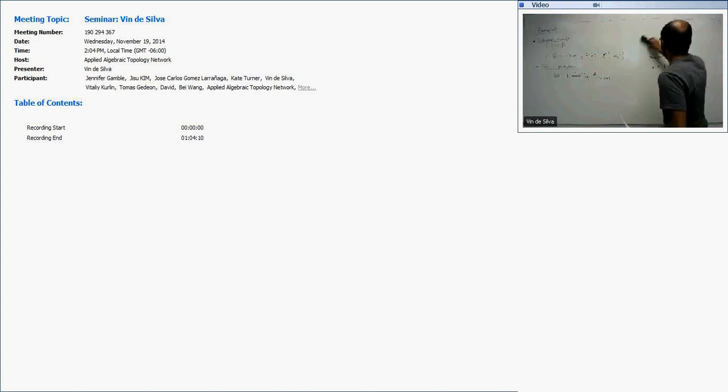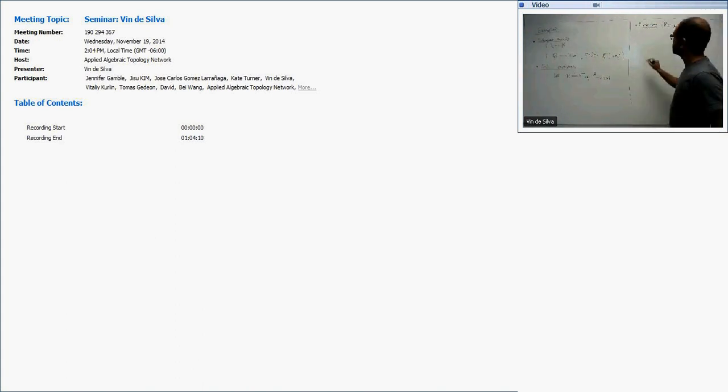Here's a functor we could apply. Another functor we could apply would be, well, the outcome would be something called the merge tree. There's a paper by Morozov, among all sorts of people actually, which closely relates to the things I want to say about the merge tree.